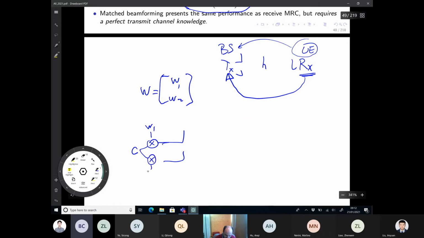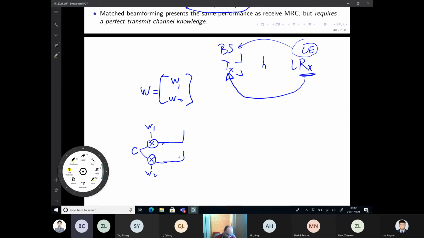You multiply C by W2, and it goes to the second antenna. Physically speaking, this is essentially some form of beamforming. You beamform your symbol in certain directions given by those weights W1 and W2, and those weights change as a function of the channel.